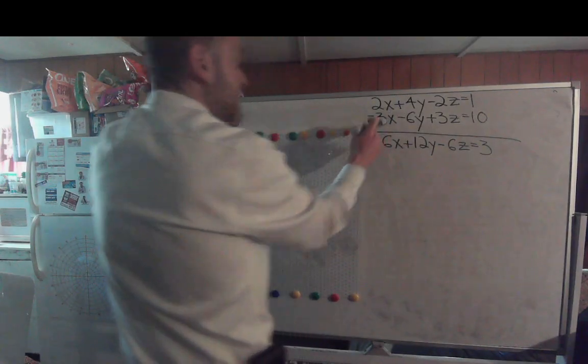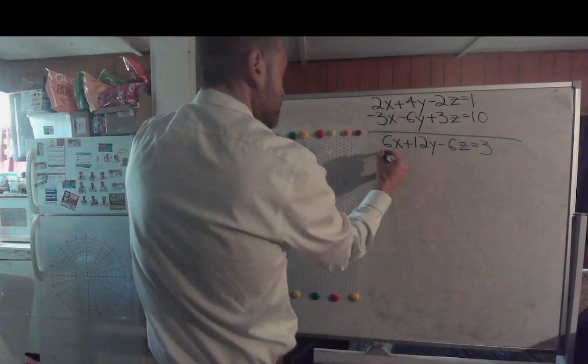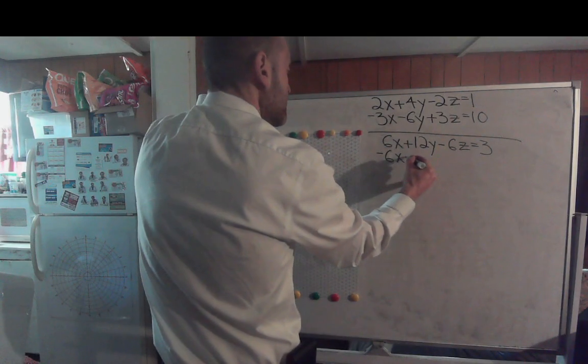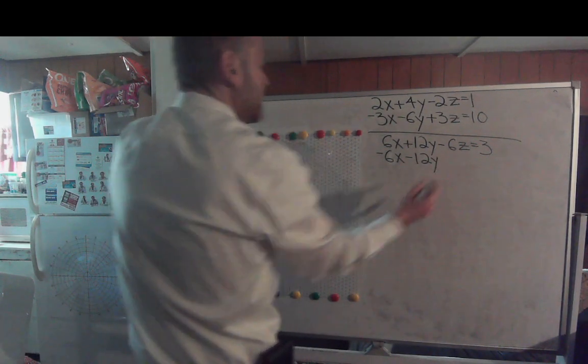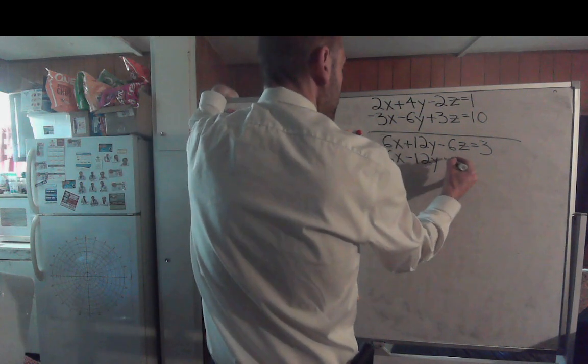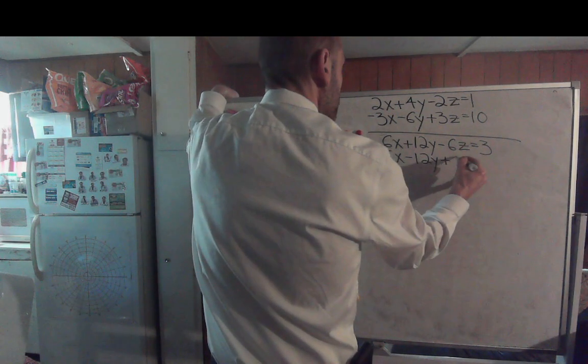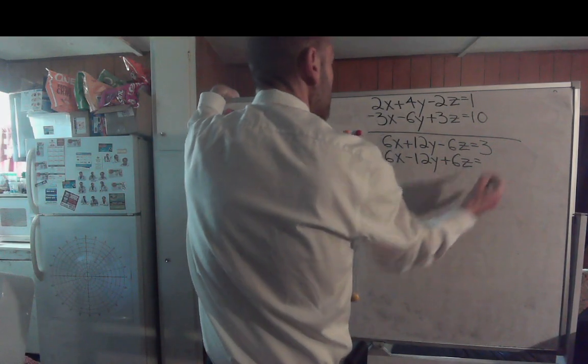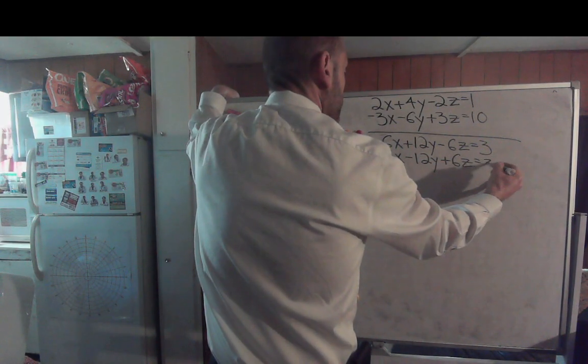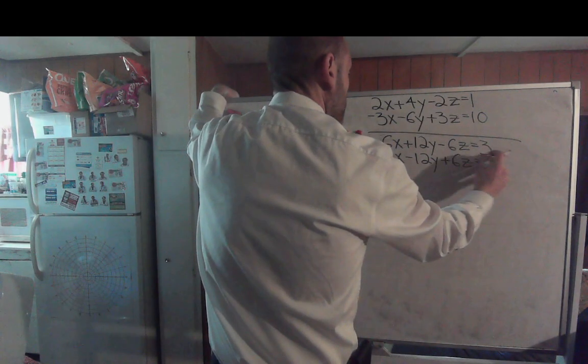And then multiply the bottom equation by 2, you'll get negative 6x minus 12y plus 6z equals 20.